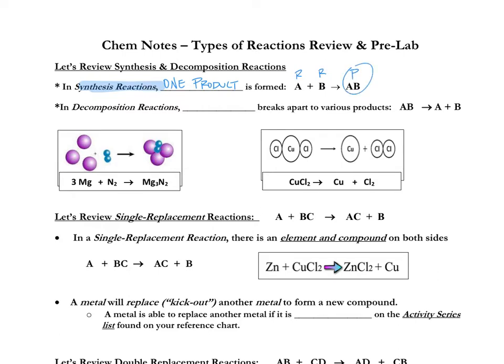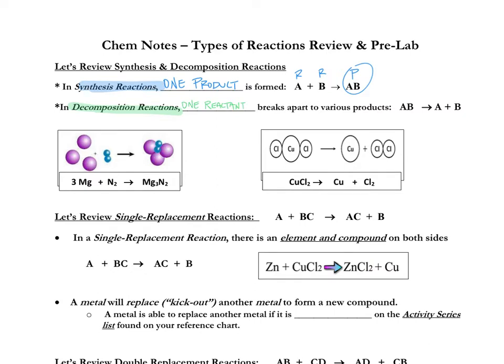A decomposition reaction is the opposite in that you have one reactant. So that one reactant is going to decompose or break apart, forming two or more separate substances.